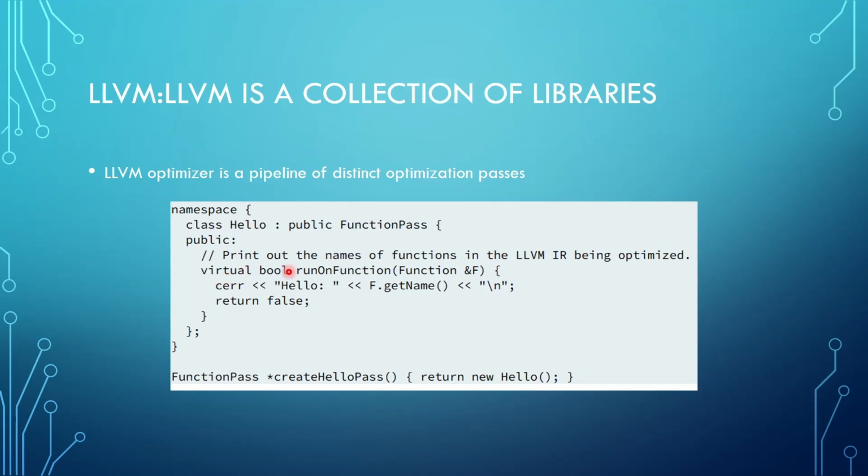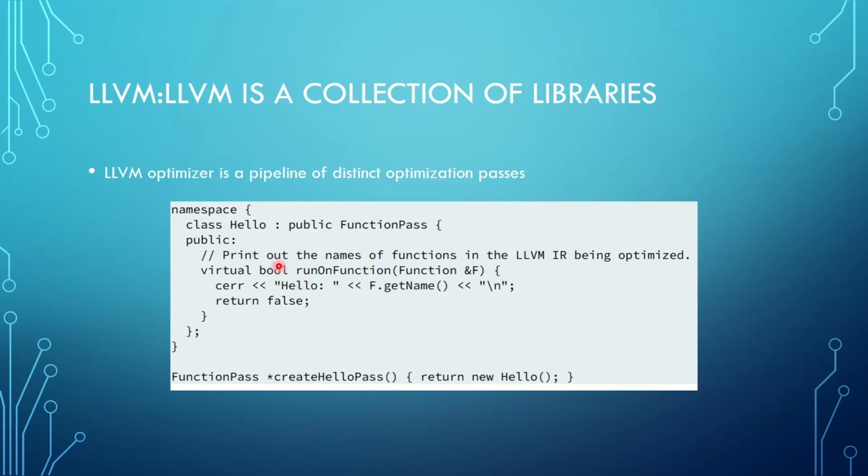So this generic structure of a pass file contains a runOnFunction function, which is called for each function that is present in the LLVM IR that is passed to this pass. Instead of printing the name of the function, generally some more concrete code is present that performs the actual transformation.